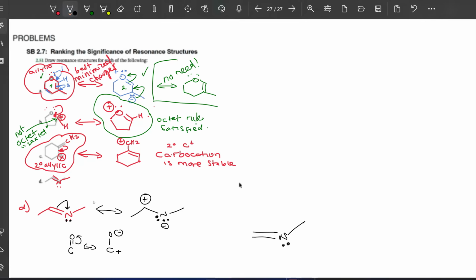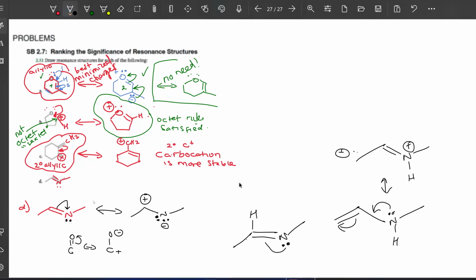Now, if this is what I had and I have a lone pair, and the double bond is not there, I'll go ahead and do my resonance. That's A, that is like our A. That's fine. But in this case, if I try to move it, see what happens. You get a triple bond for no reason, and then this is going to have 10 electrons.